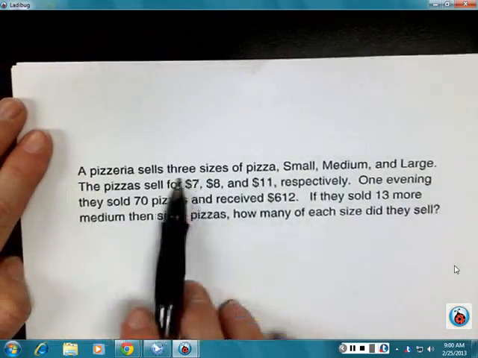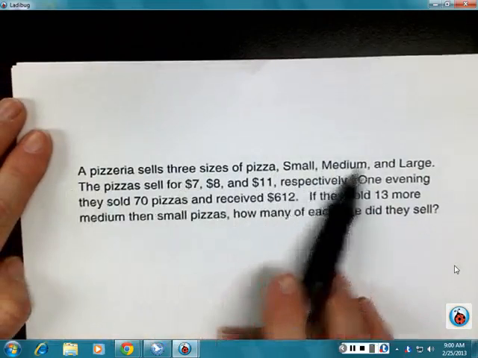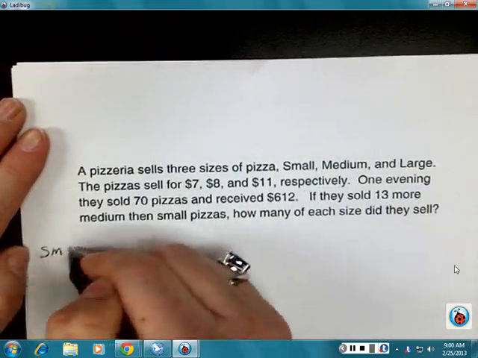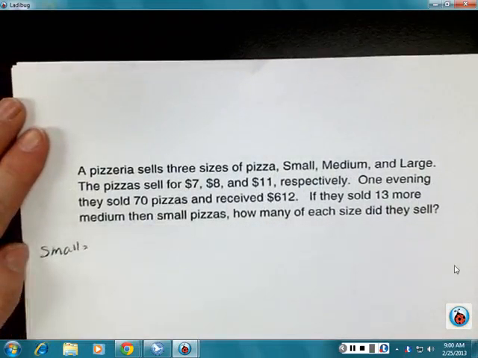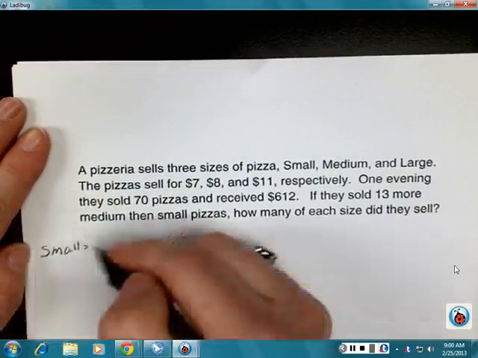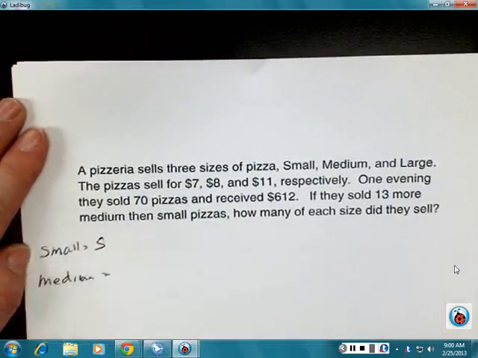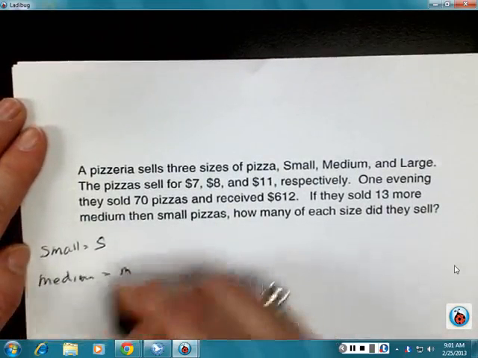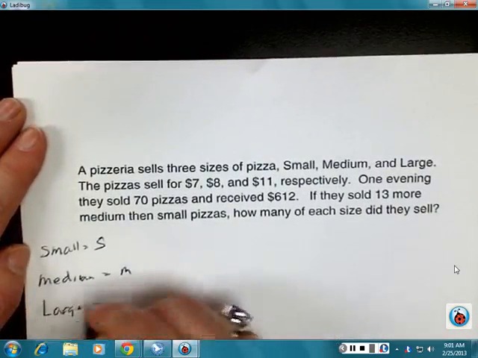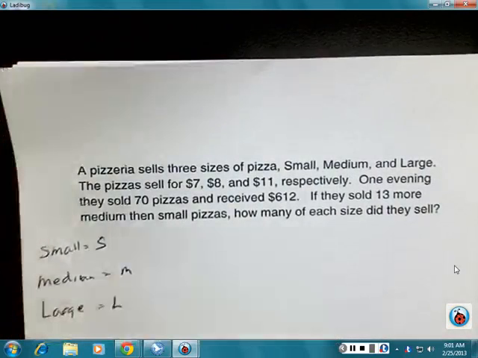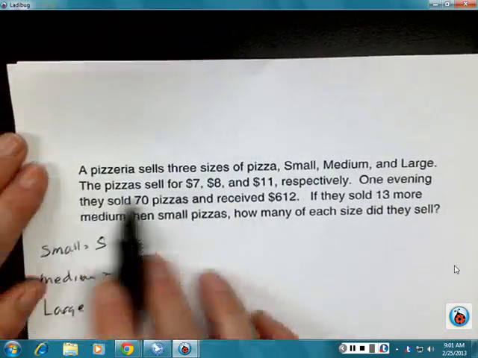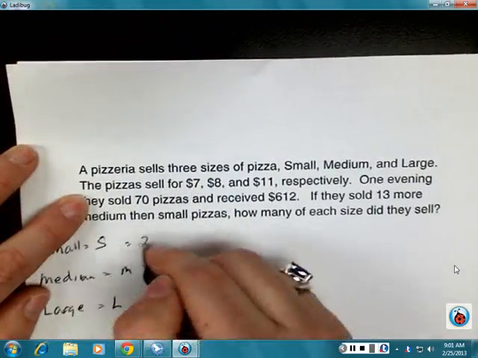A pizzeria sells 3 sizes of pizza, small, medium, and large. So that means our small, we're going to label what? S, yep. Our medium is going to be labeled M, and our large is, of course, L. All right. The small pizza sells for $7.